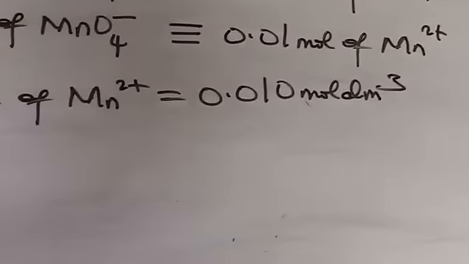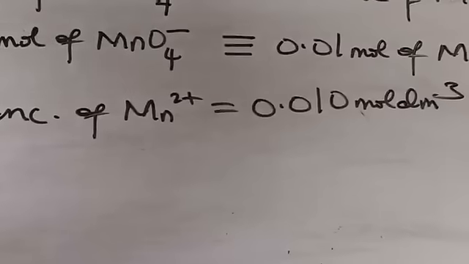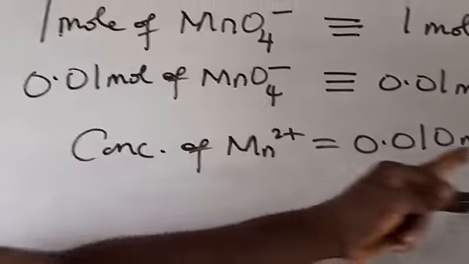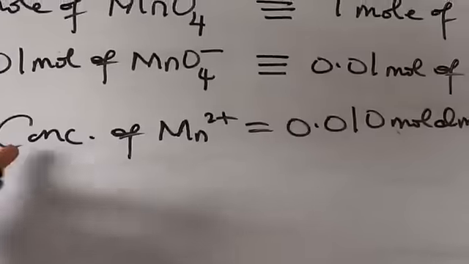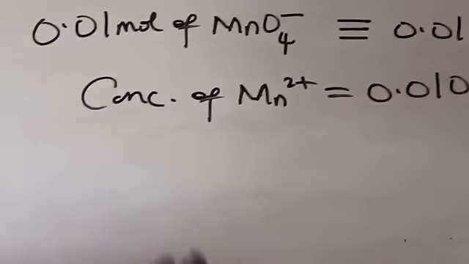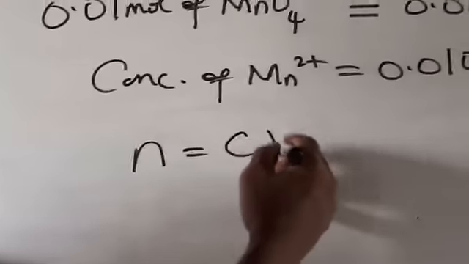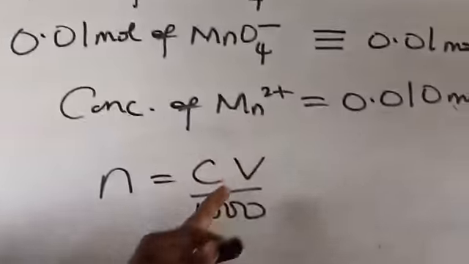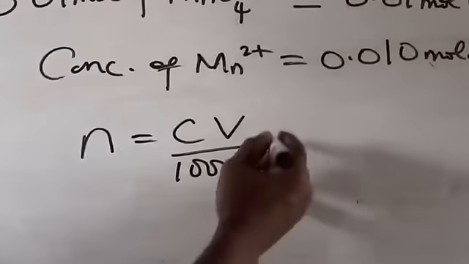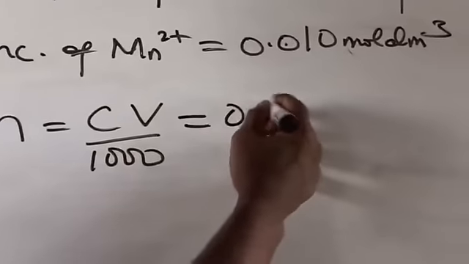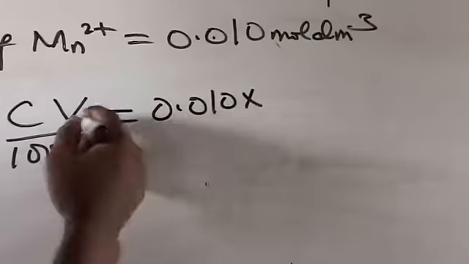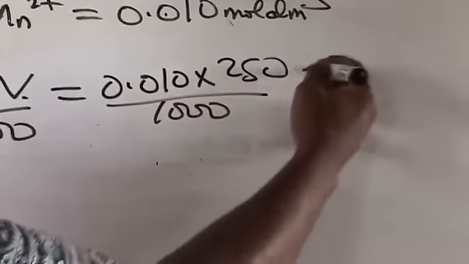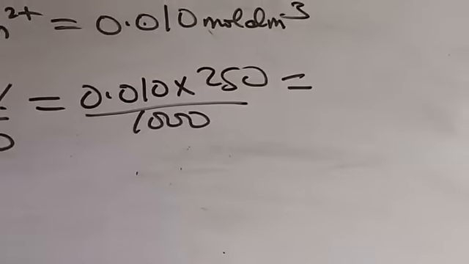But the question is talking about 250 cm cube. So we have to find the number of moles of this ion in 250 cm cube. We use mole equal to CV over 1000: 0.010 times 250 over 1000. So what do you have when you solve this?